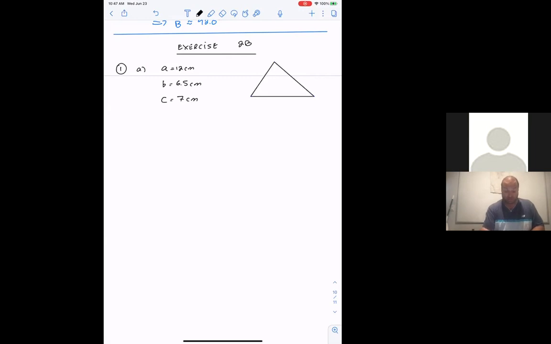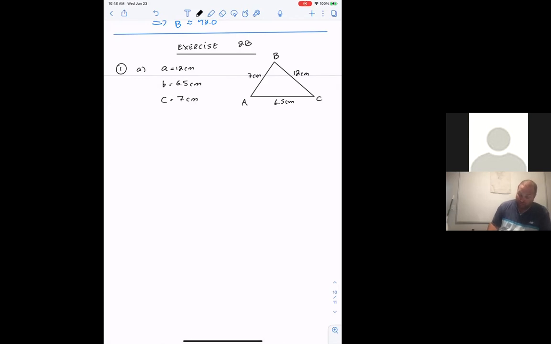You can always make a triangle if you want. If you label A, B, and C, then angle A is opposite side A, angle B is opposite side B, and angle C is opposite side C. So which one should we solve for first? Angle A, angle B, or angle C?